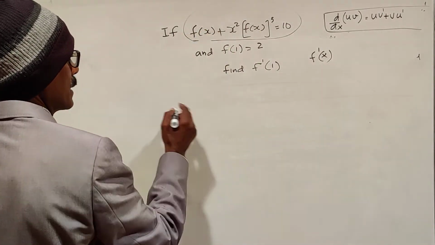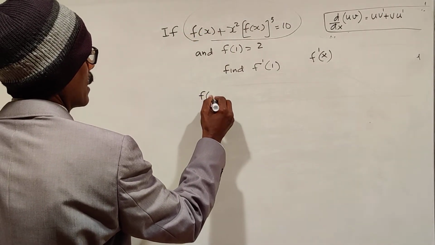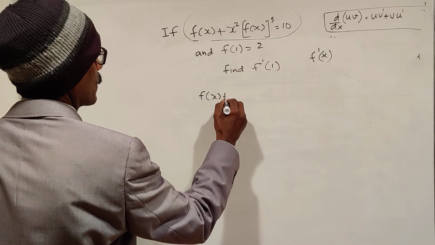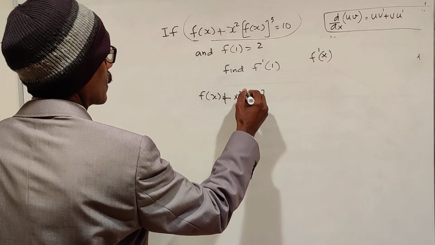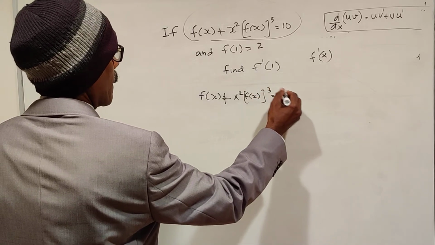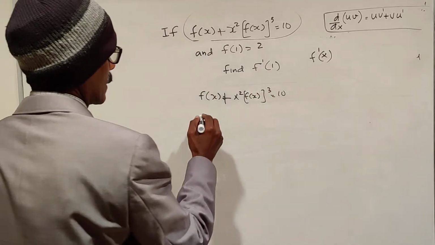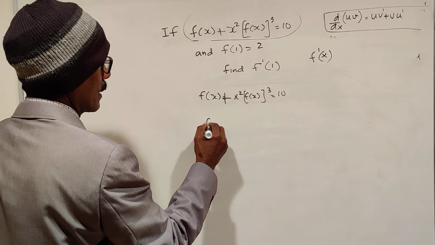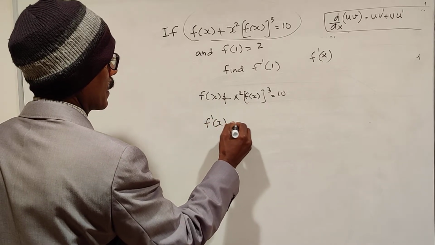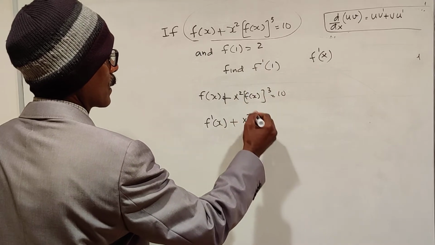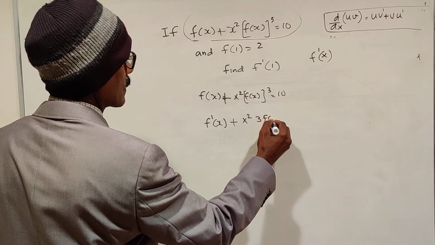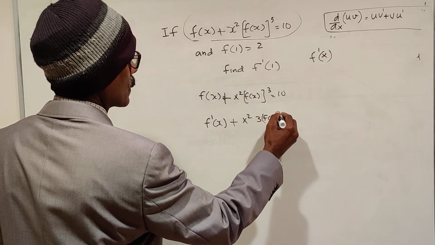First differentiate that. I'm going to write one more time. f(x) plus x square f(x) the whole cube equals 10. What is the derivative of f(x)? f dash x, plus x square into the derivative of f(x) the whole cube, which is 3 f(x) the whole square.